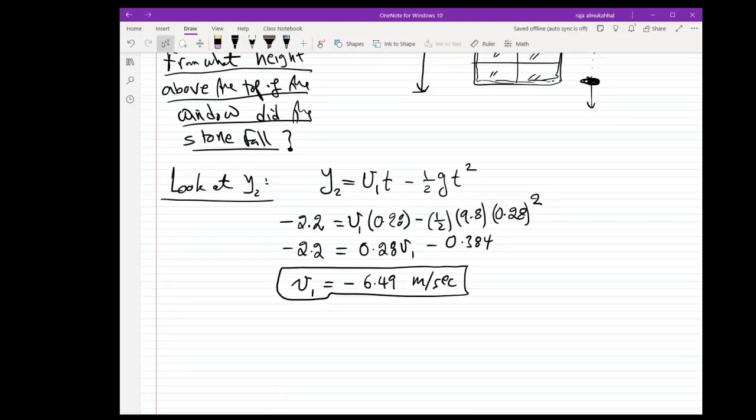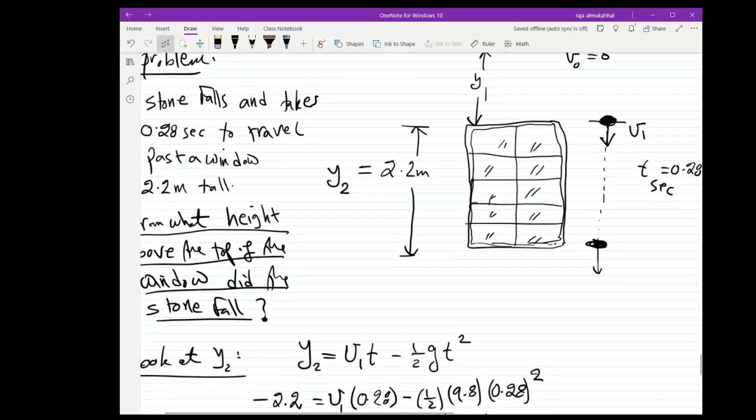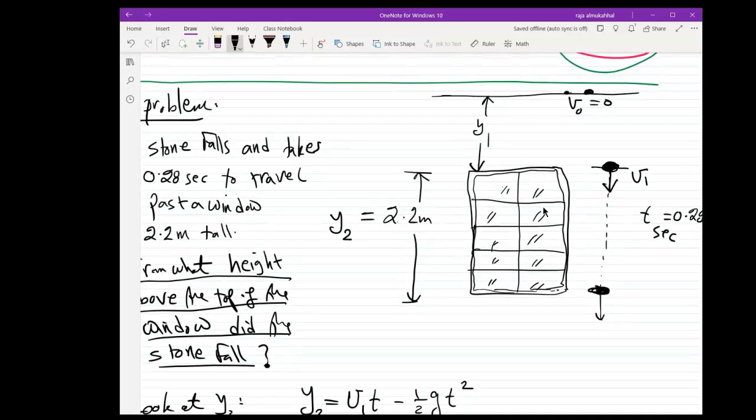Well, what else can I do? Now remember, I need to find y1 right here. Well, think about it. In this region right now, the initial velocity is 0.